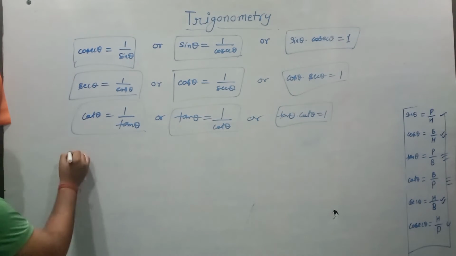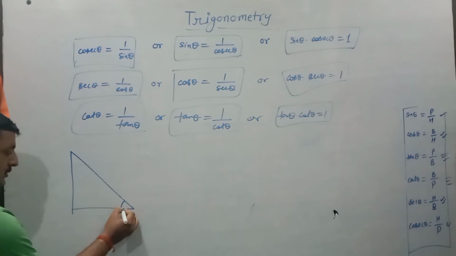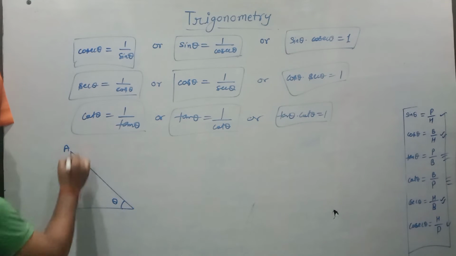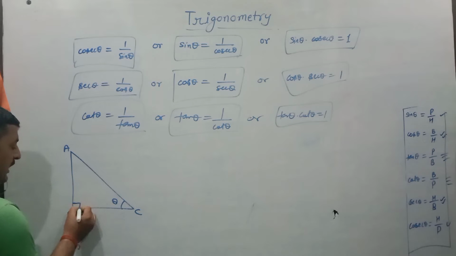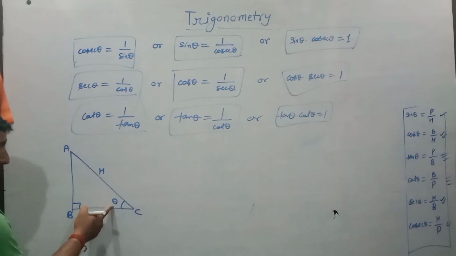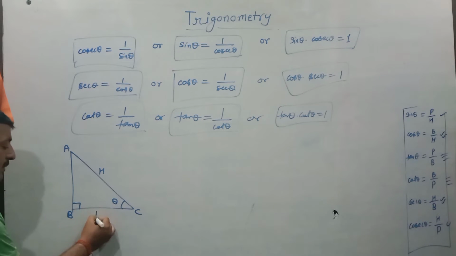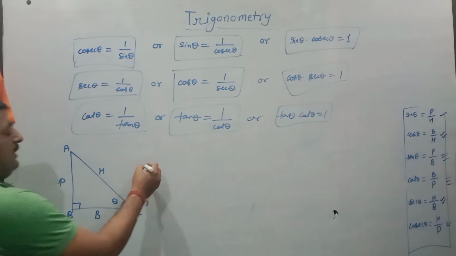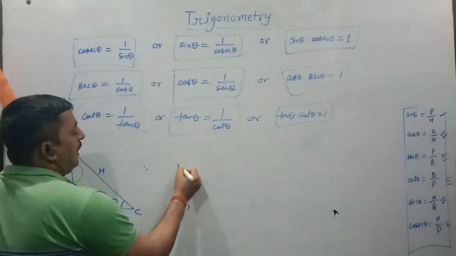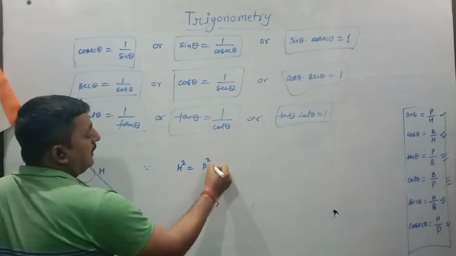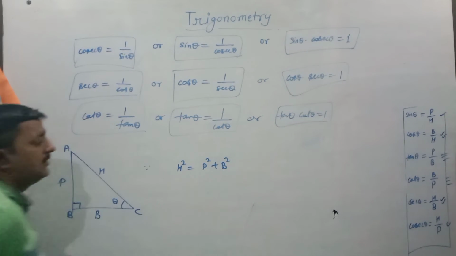Another relation can be found. In a right triangle ABC, we know that there is a hypotenuse, and if the angle is here, then there is a base and a perpendicular. So hypotenuse square is equal to perpendicular square plus base square.